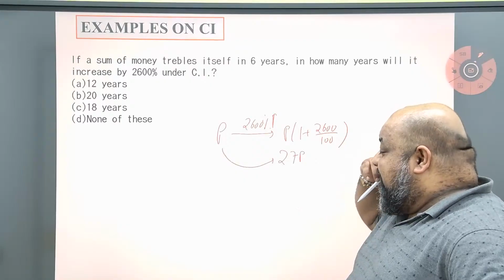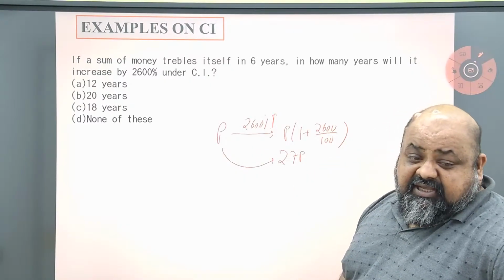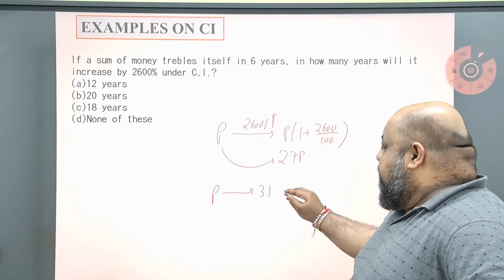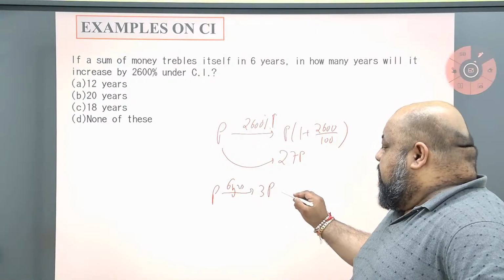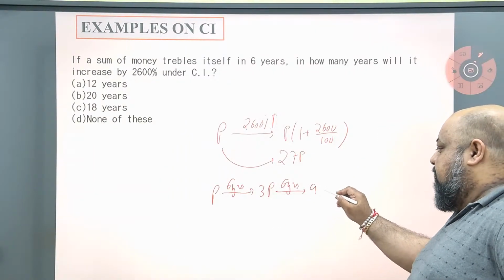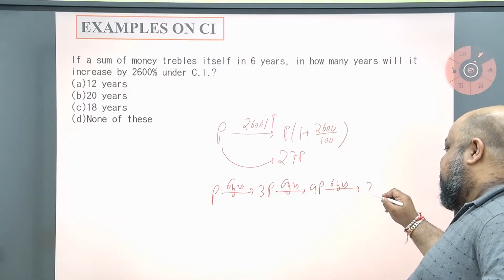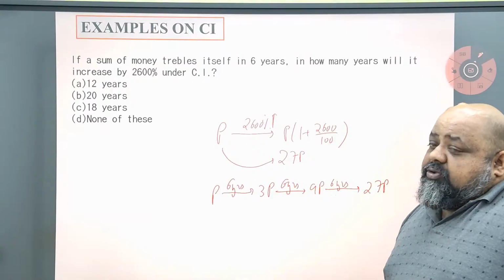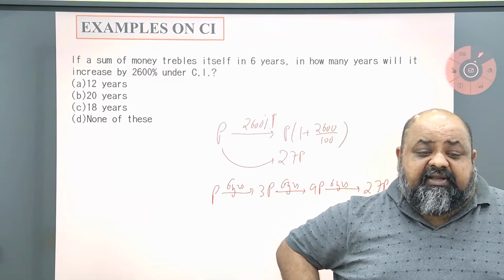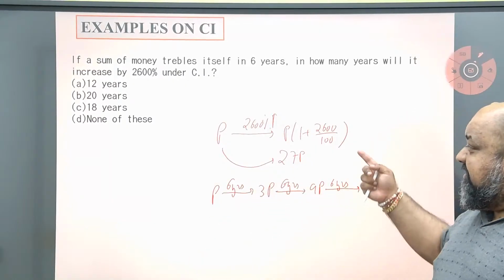So P increasing by 2600% means it has to become 27P. And trebles means becomes 3 times. So P becomes 3 times in 6 years. 3P will in the next 6 years become 9P. And that 9P will get multiplied by 3 in the next 6 years and become 27P. So if a sum of money trebles in 6 years, an increase of 2600% or 27 times will happen in 6 plus 6 plus 6, 18 years.